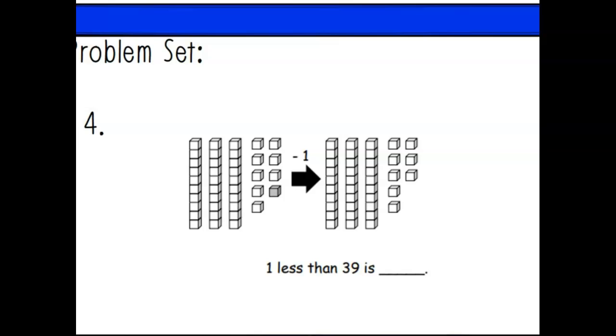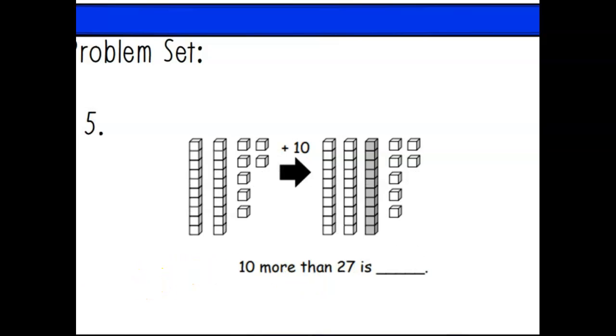So here's our 39 plus 1 more, 10, 20, 30, 40. All right, 1 less than 39. Let's see if you can figure it out. Did you say 38? You are correct.